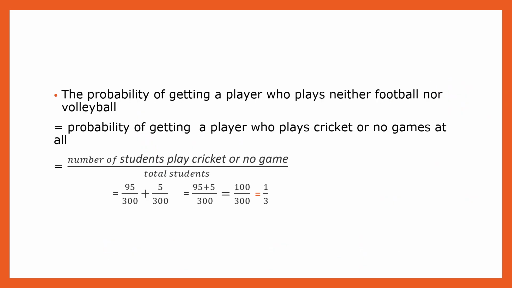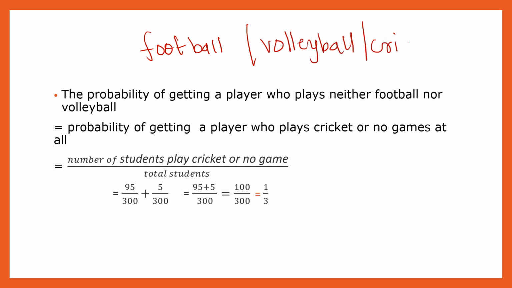Now, the third question in this example is the probability of getting a player who plays neither football nor volleyball. We have to find one player. How many games do we have? One is football. The next we have is volleyball. Then we have cricket.